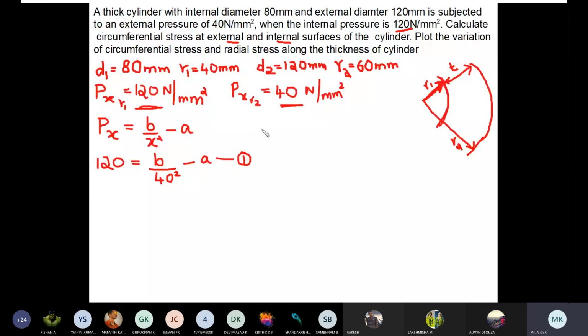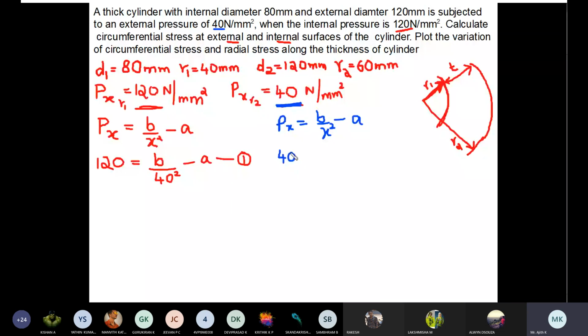Once again we'll use the same equation, Px is equal to b by x square minus a. Now consider this equation for the external surface or outer surface. At outer surface, what is the value of Px? At outer surface, the value of Px is 40. It is given here, external pressure is 40.